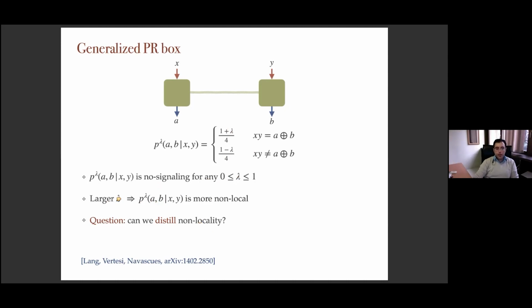The question is: given some copies of this box P lambda, can I simulate a box with a larger value of lambda? Okay, so that's the same distribution simulation problem, but for boxes. Okay, I guess I should move a bit faster.